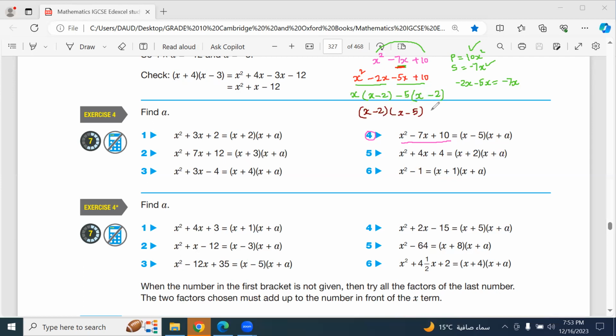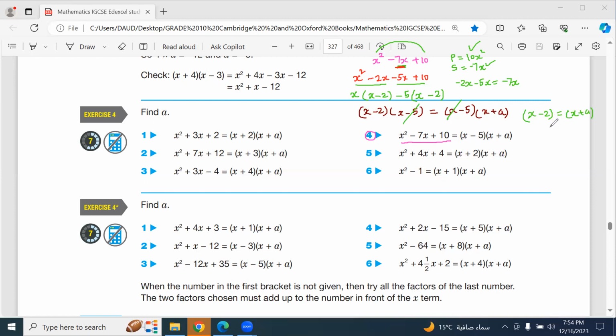Now I solved the left part, and the right part is already mentioned in the question. It is x minus 5 bracket open x plus a. See, x minus 5 and x minus 5 are exactly the same, so no need to think about those. We just see the rest, which is x minus 2 is equal to x plus a.